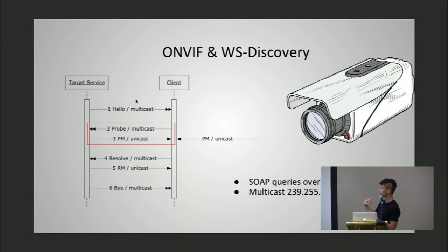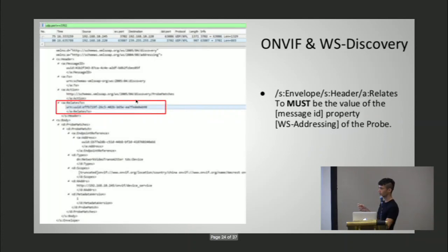And the target service then is the camera that recently entered the network, and it only needs to send a probe match reply, and the only requirement there is that this particular field, the envelope header RelatesTo, must have just the value of the message ID property from the probe that the server just sent previously. So there's no authentication.